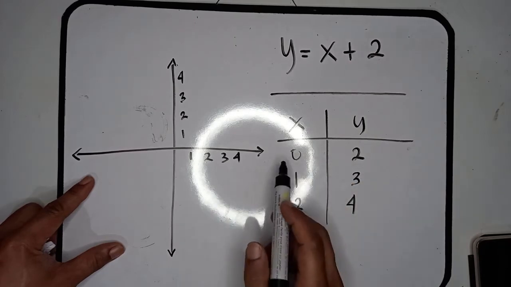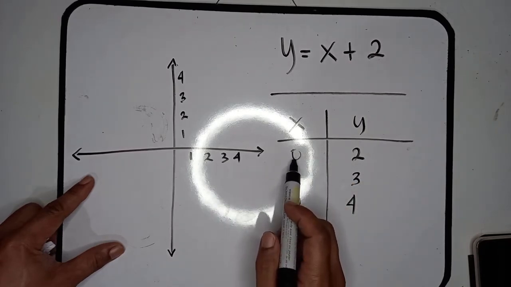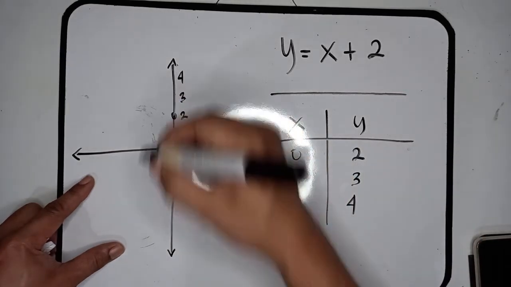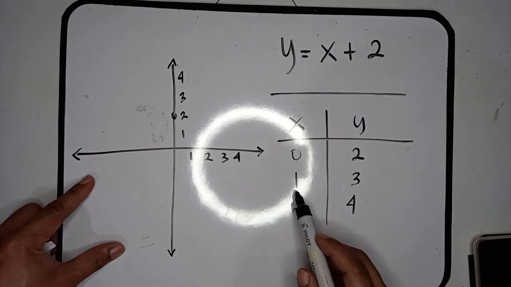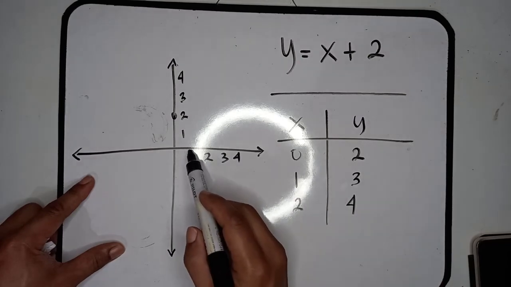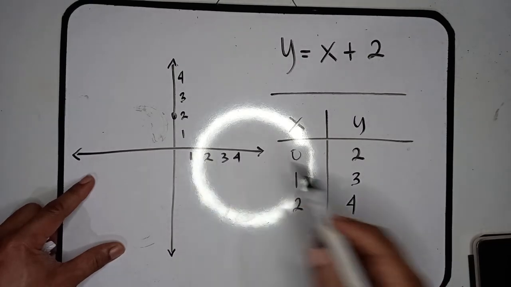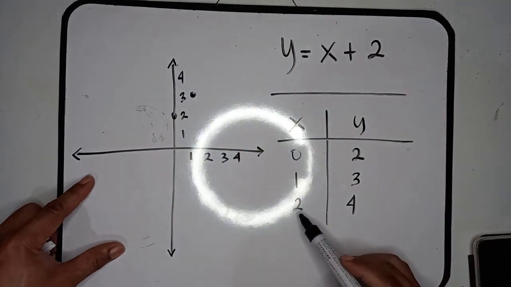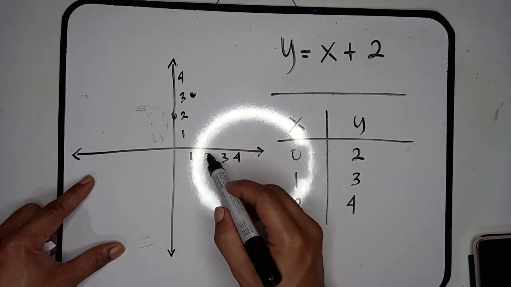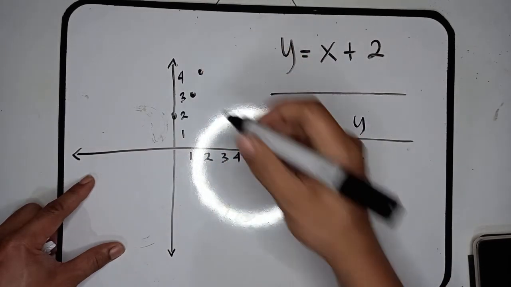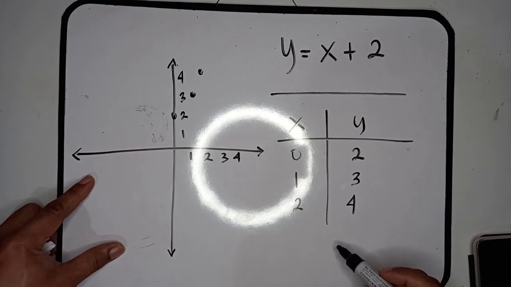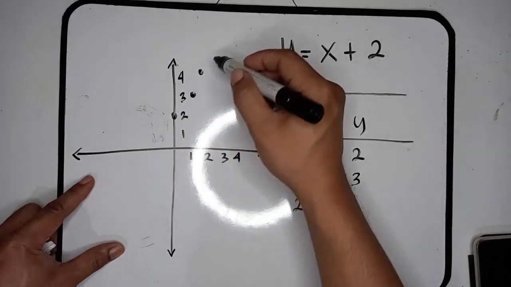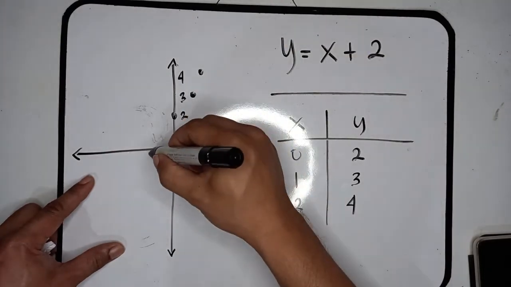So for x, if our x is 0, our point is located at 2. So this is our point. If x is 1, then it goes to 3. So there you go. If x is 2, then it will go to 4. Now if you have another pair here, it will just go along with this graph. Okay, so let's put a line here.